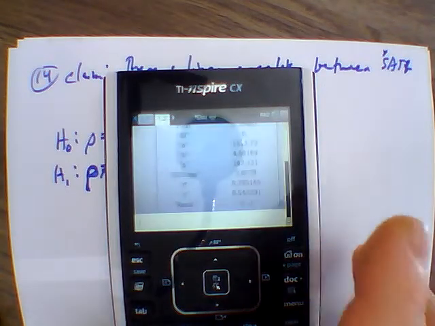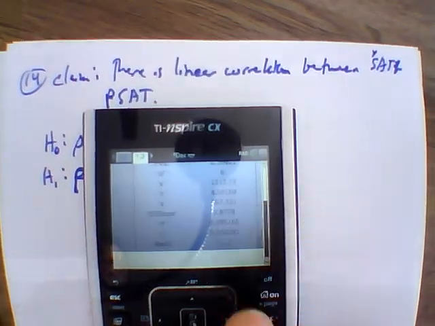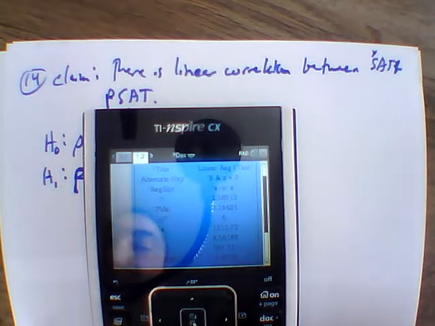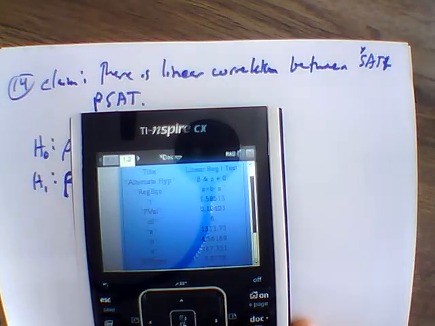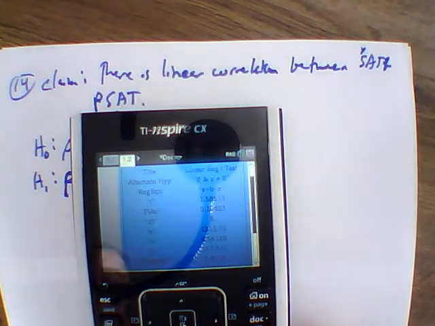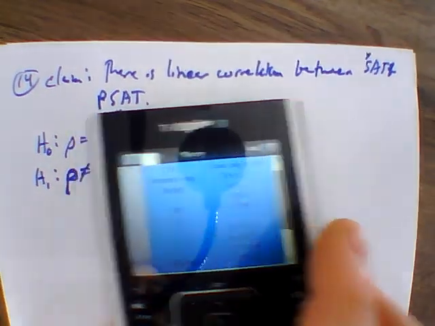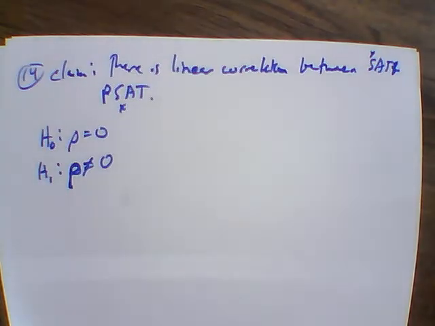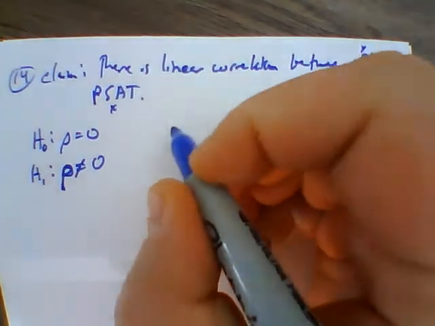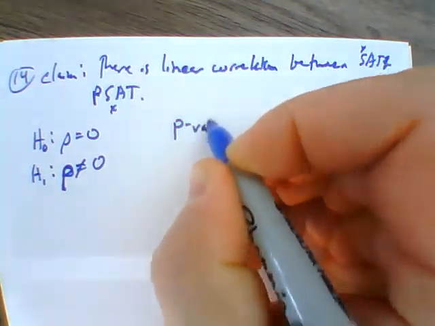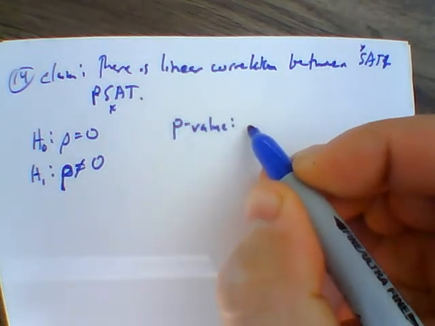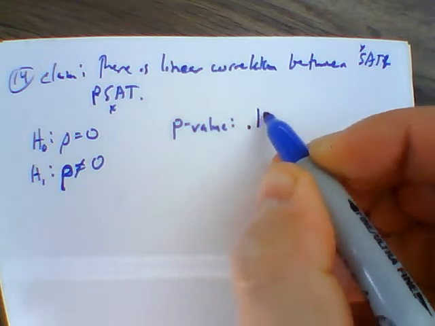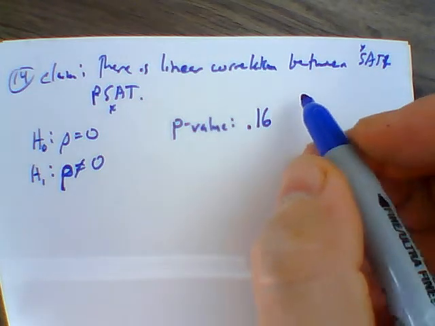Once we hit OK, we get a whole bunch of information. We get a t-value, we get our p-value, okay? Depending upon what we're looking at, we can start concluding in here. So I'm just going to come here and list off some pieces of information. My p-value is 0.164.